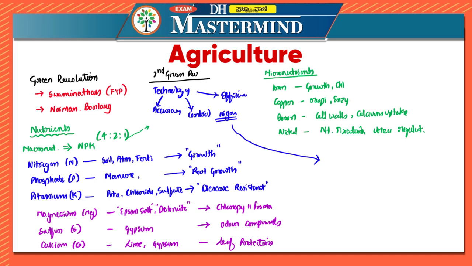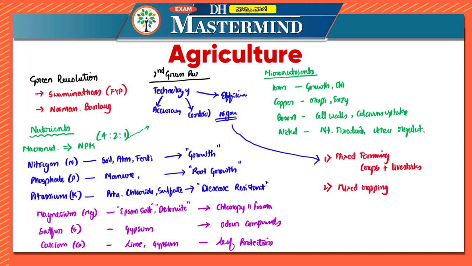When we are speaking about sustainable agriculture, there are different methods from which sustainable practices can be made. First one is mixed farming, which we have already seen. What is mixed farming? Here you have crops along with livestock. There is one more thing, which is mixed cropping.